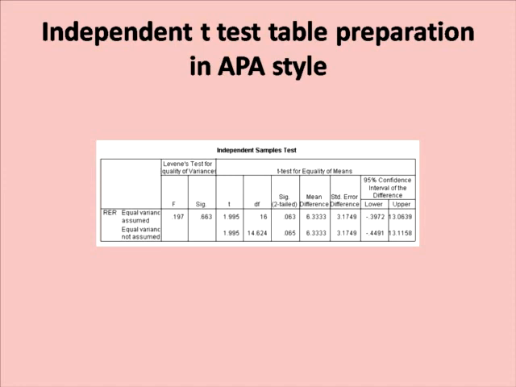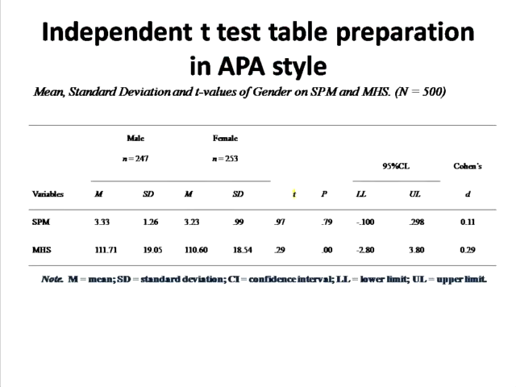Sometimes T, DF and significance are equal in both rows, and sometimes there is a difference. The confidence interval also from the second row, and we put it in this format.